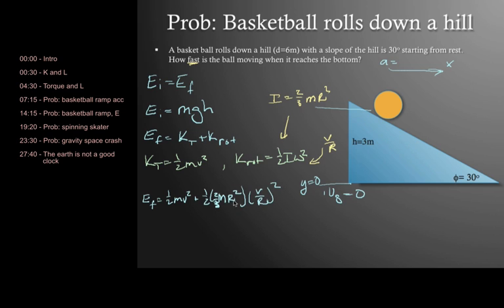Here are a couple of things that are going to cancel. One is this r squared, which is going to cancel with this r squared. Then this whole thing reduces down quite a bit. So we're going to have 1/2 mv squared plus 1/2 2/3 mv squared.